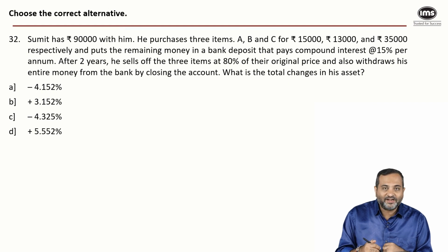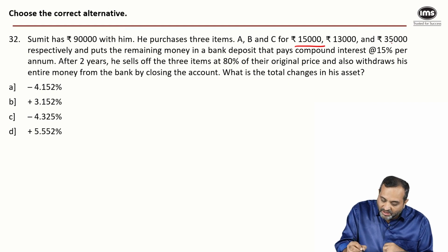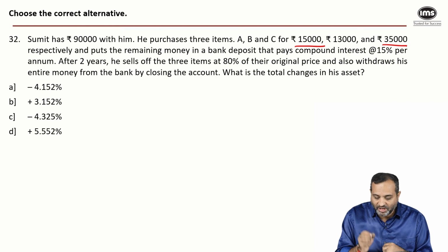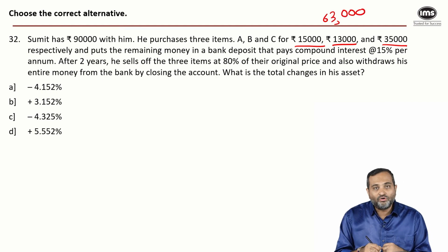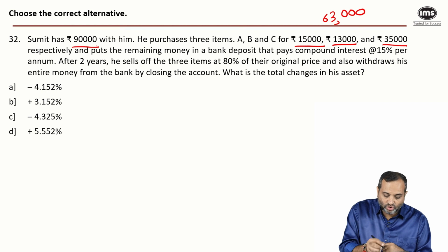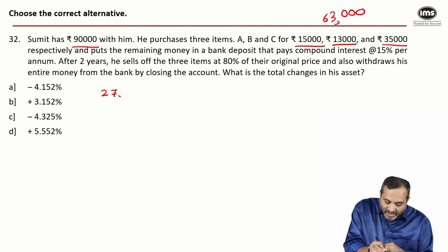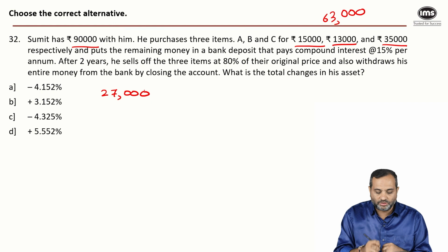He purchases 3 items worth how much? 15,000 plus 35,000, which is 50,000, plus 13,000, which is 63,000. So I have already spent 63,000 here. What is the amount left with me? I had 90. So can I say the amount left with me is 27,000.